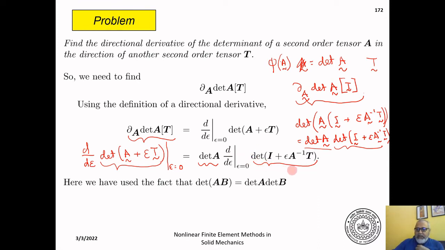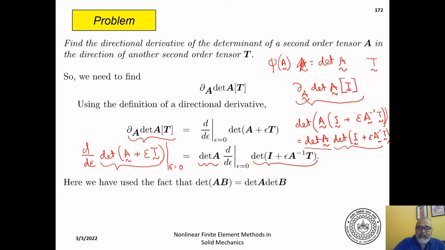Now, how do we get this determinant? Here comes a trick. When we solve eigenvalue problems with tensors, we know that we get to a characteristic equation, and we set that characteristic equation equal to 0 in order to solve for the eigenvalues. I hope you remember that. Now we are going to use that result.